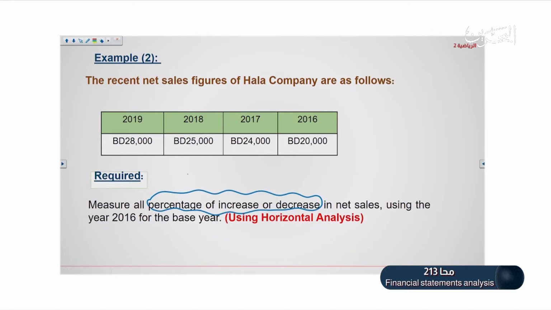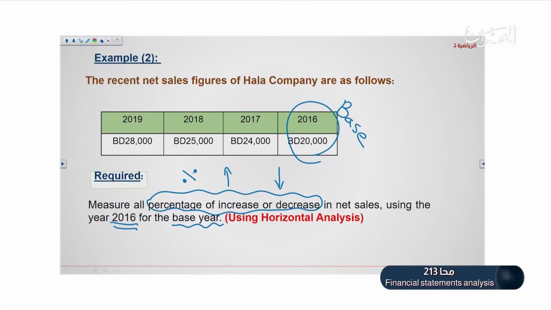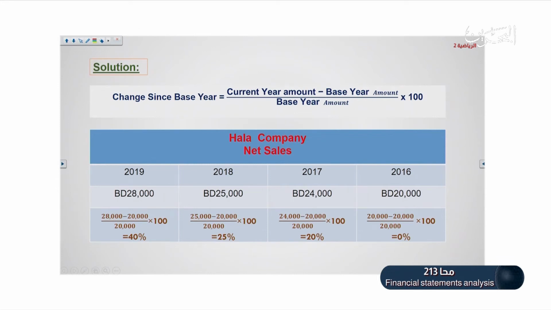Now they want the percentage of increase or decrease in net sales using year 2016 as the base. Okay, this is the base year. We will use the second formula because the required is the percentage of increase or decrease.